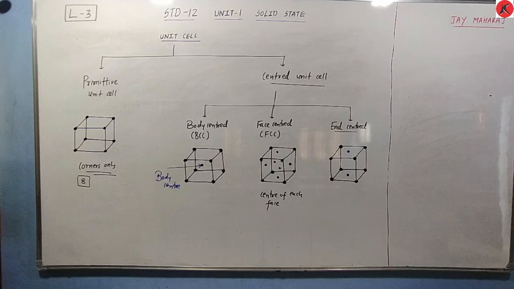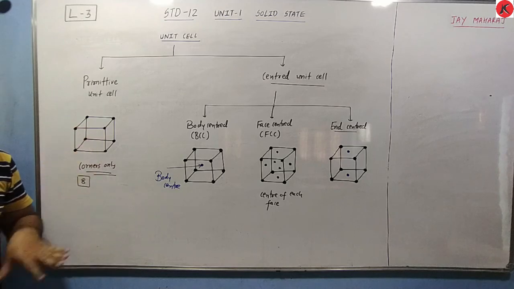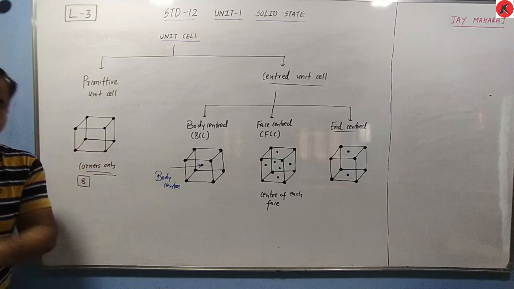That means unit cells are of 2 types: primitive unit cell and centered unit cell. Finally remember, primitive unit cell means constituent particles are present at corners only.